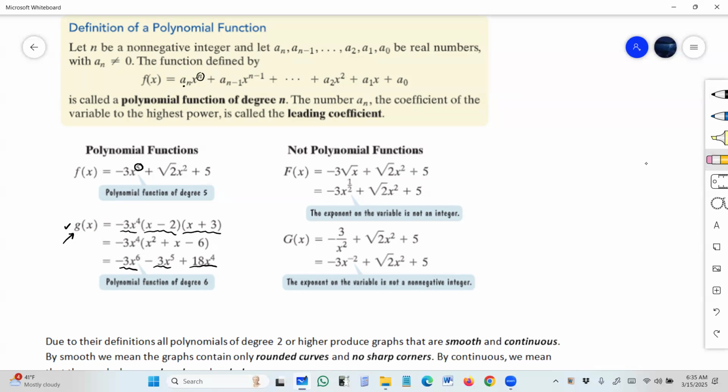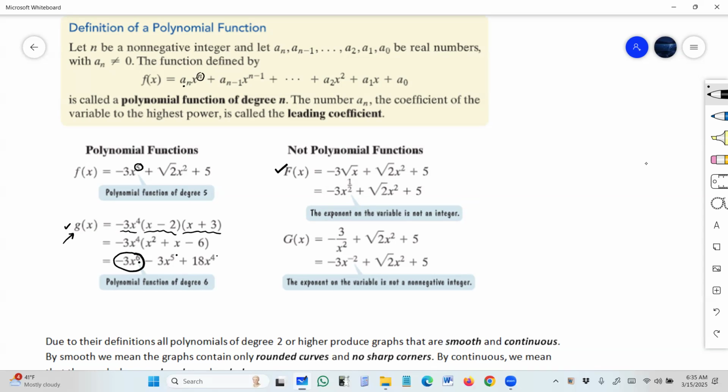So the leading term is obviously the one with the highest exponent. This is the leading term, and the degree of this polynomial is 6. All of the other two values are legitimate values. And then we say that this polynomial is a true polynomial, is legitimate, according to the definition.